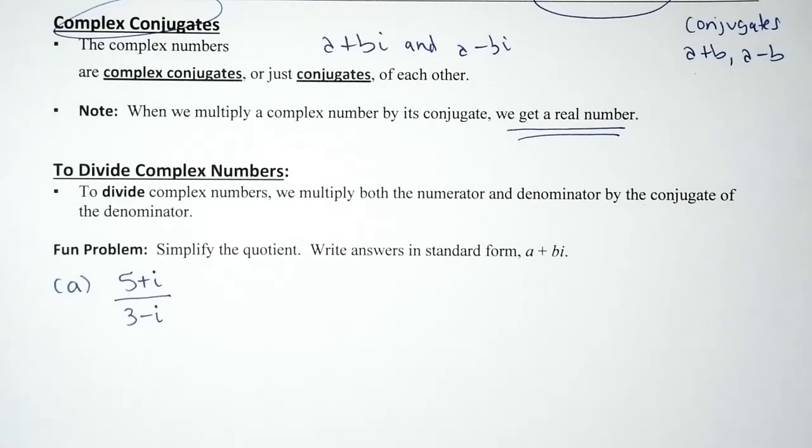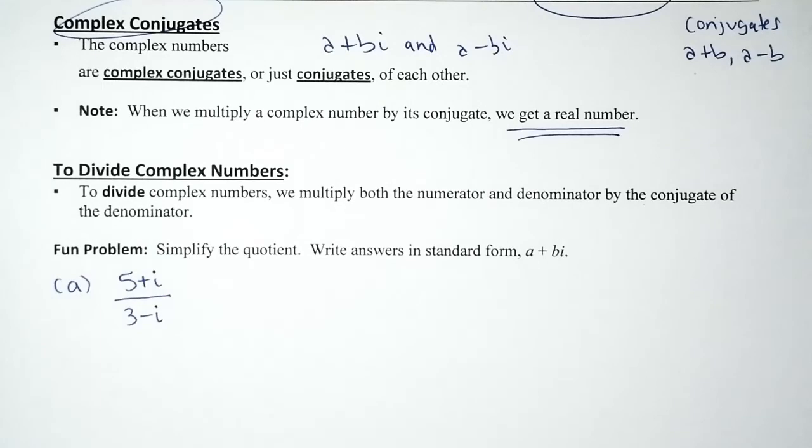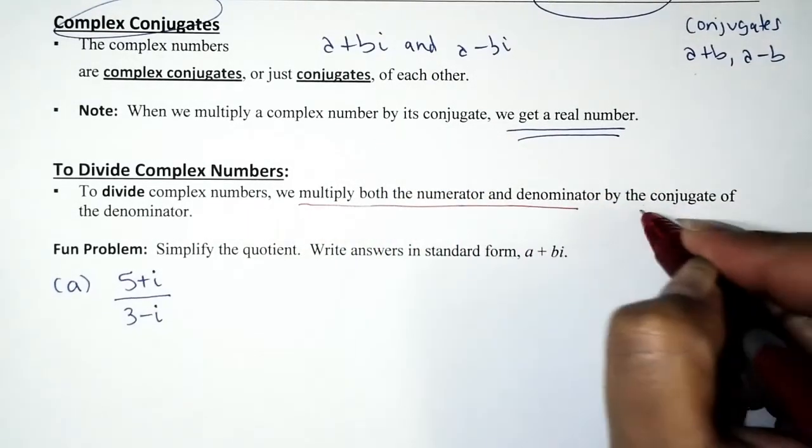The question is, how do we divide complex numbers? You're going to multiply the top and bottom by the conjugate of the denominator.